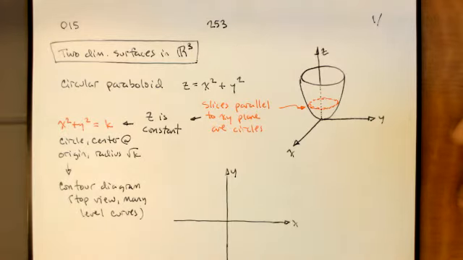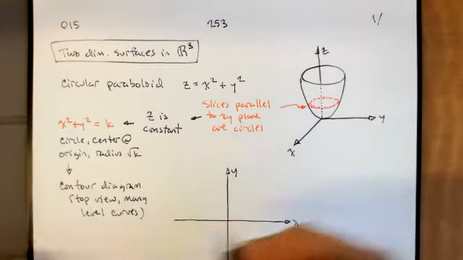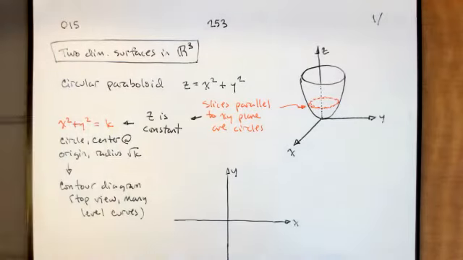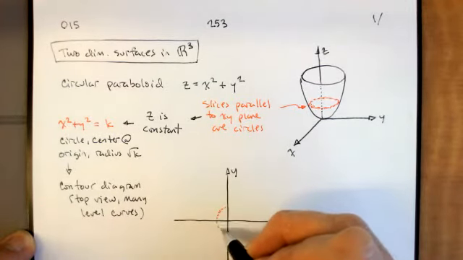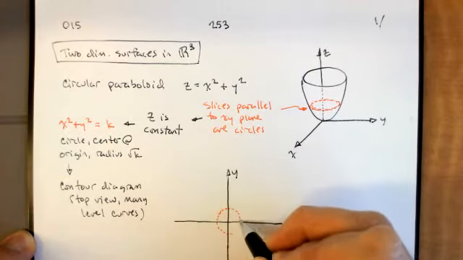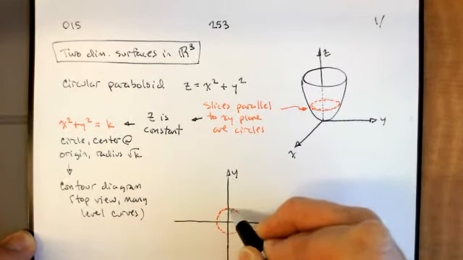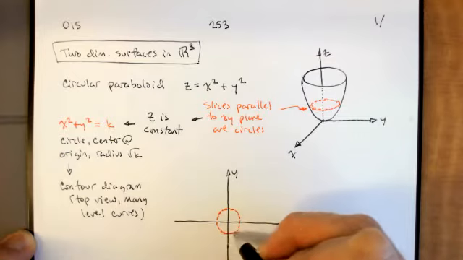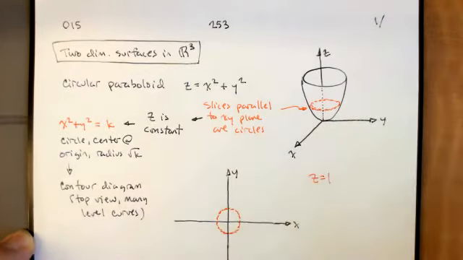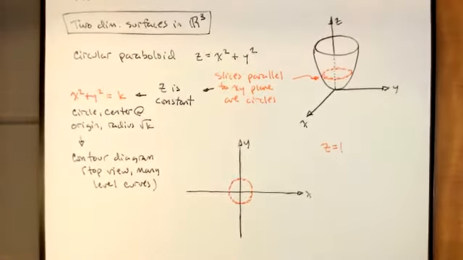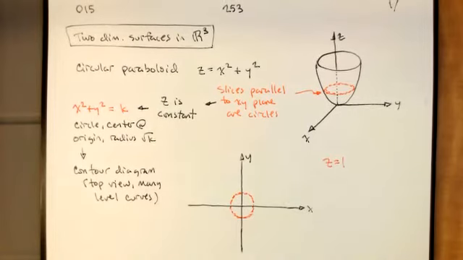That's going to be a circle with a radius of 1. That first one is going to be our circle of radius 1.